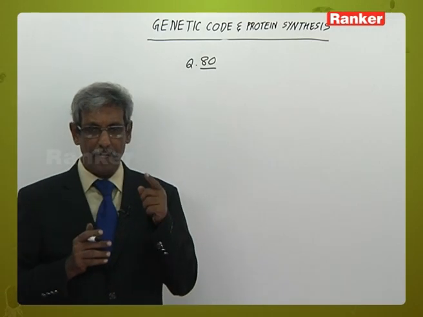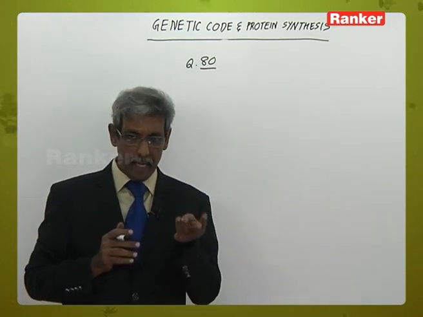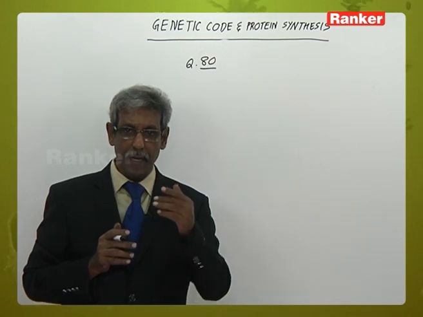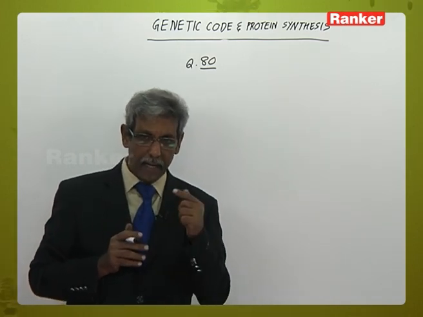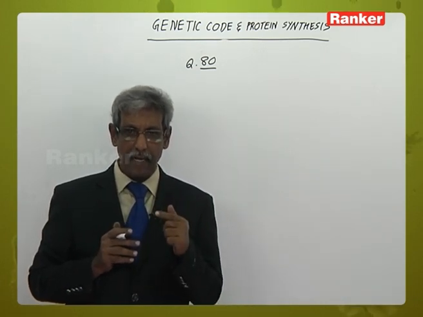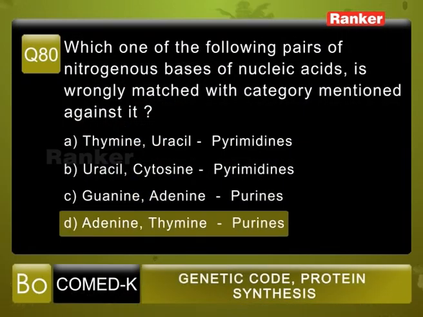We understand that thymine and uracil are commonly termed as pyrimidines. Same is the case with uracil and cytosine as pyrimidines, with relation to the RNA and the DNA. And again, guanine and adenine are purines, whereas the last choice D, adenine thymine as purines, is wrong. Hence, the answer is D.